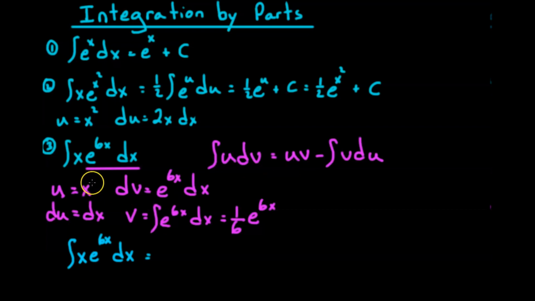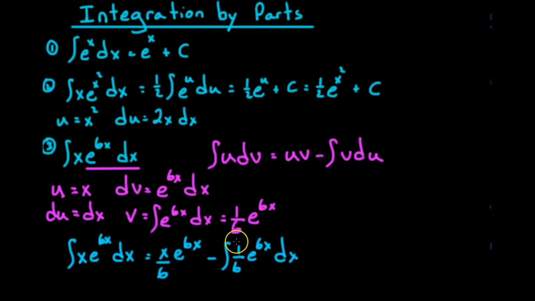So it's going to equal x times 1/6, so that's x over 6, e to the 6x. And then minus the integral of v. V's over here. Okay, so we have the 1/6 e to the 6x du, and du is dx.